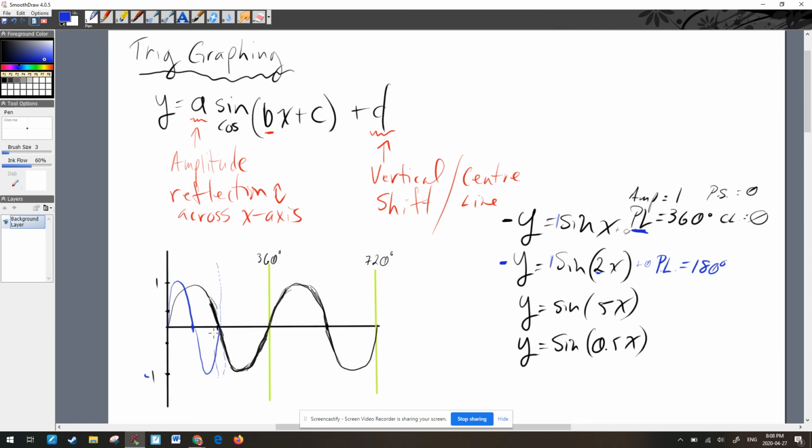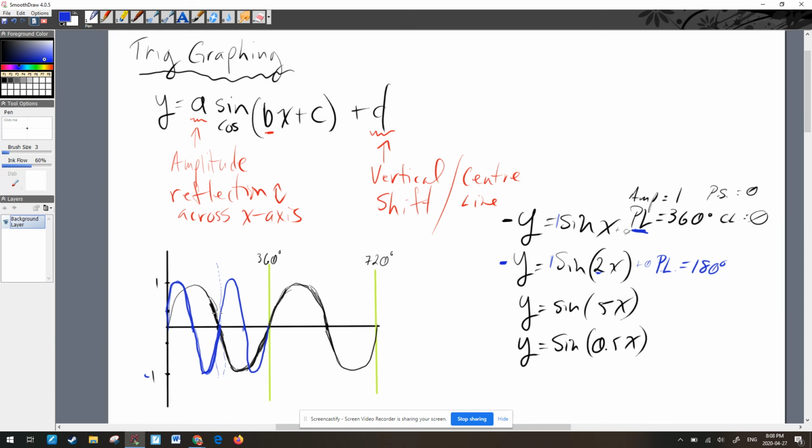And so that is what this one looks like. It has a much shorter cycle, 180 degrees. So its second cycle has to finish by there. Up it goes, comes back down, and finishes in there. What happened is it has been shrunk by half.